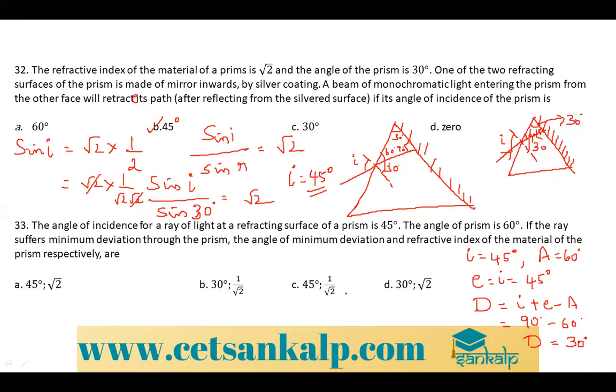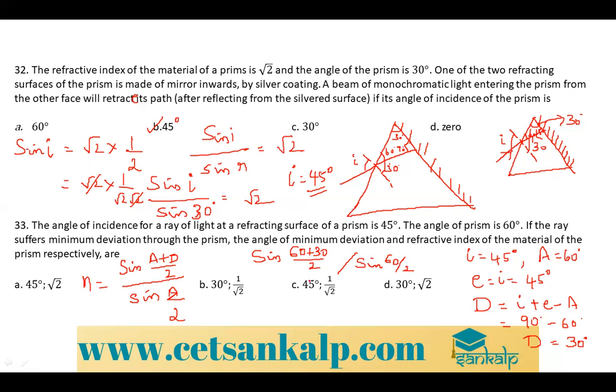Now the formula is n is equal to sine of (A plus D)/2 whole divided by sine of A/2. So A plus D, what is that? A they have given us 60. So it is sine of (60 plus 30)/2 the whole divided by sine of 60/2.